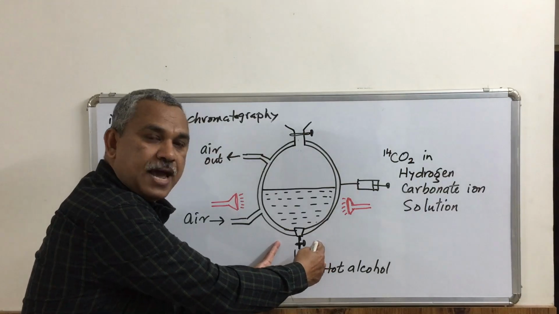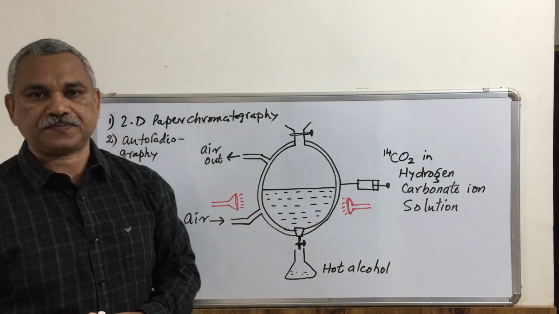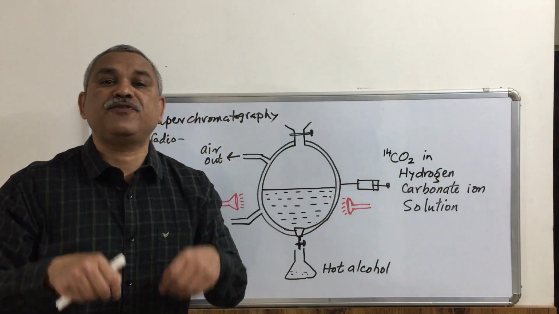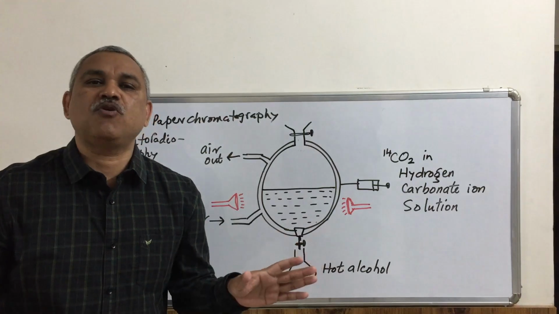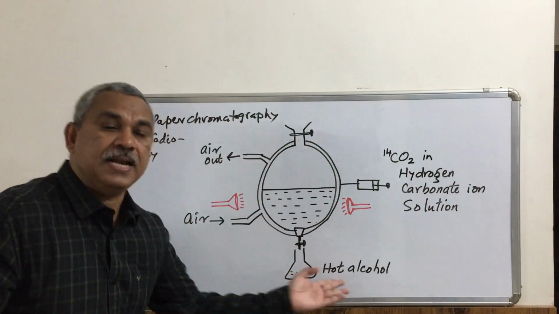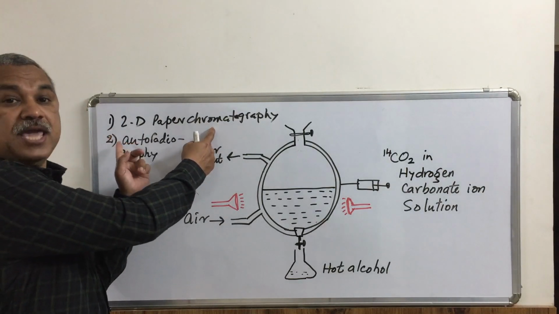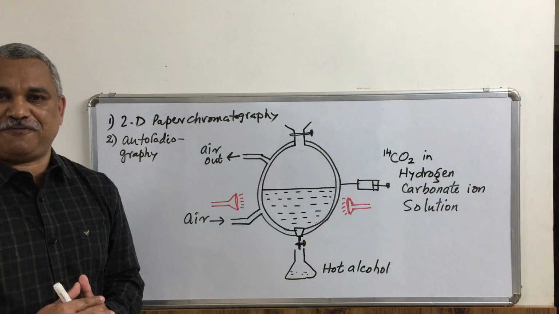To do that, they collect a sample into hot alcohol. When Chlorella is transferred into hot alcohol, all metabolic reactions come to an end. This sample is then analyzed using two-dimensional paper chromatography.